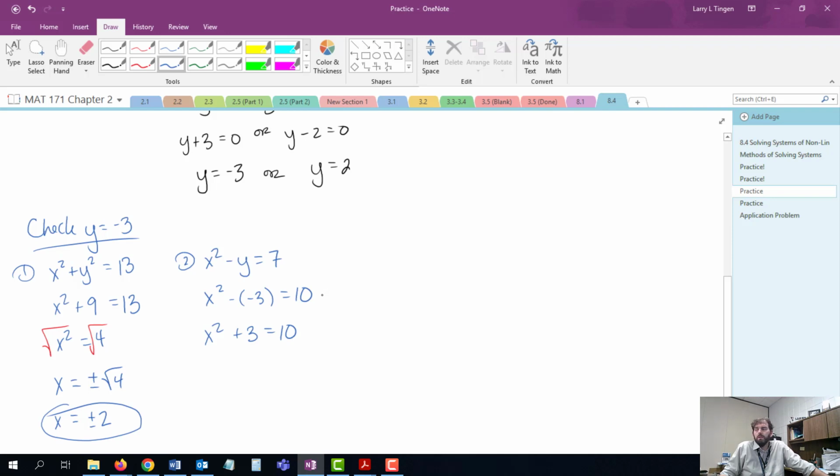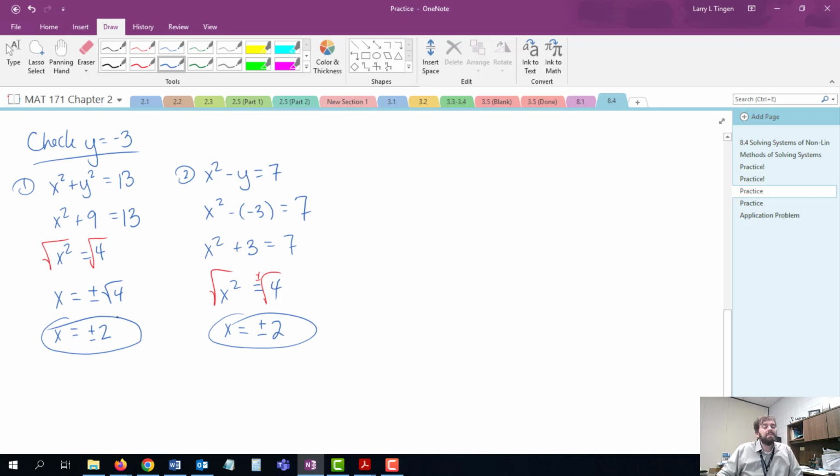Wait a second, no. I went ahead and did something in my head I shouldn't have. Minus negative becomes plus. Now I want x by itself. Subtract 3 from both sides. Take a square root. Remember, when you do, you gotta do the plus minus. So that means I found x to be positive and -2 in equation 2 as well.